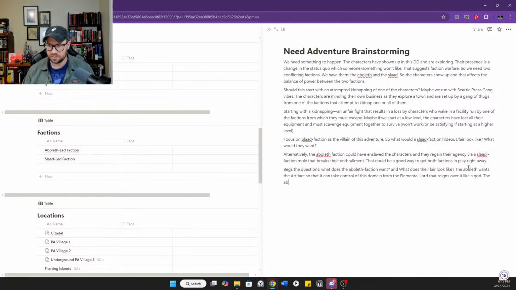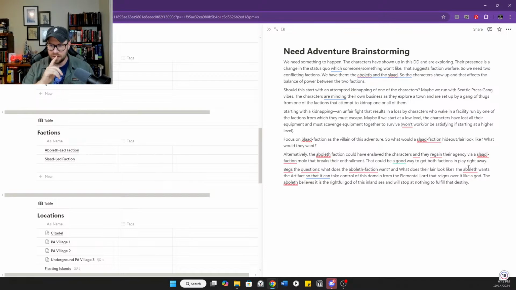The aboleth believes it is the rightful god of this inland sea and will stop at nothing to fulfill that destiny. And with that, we have a motivation for our faction. Lovely. Absolutely lovely.